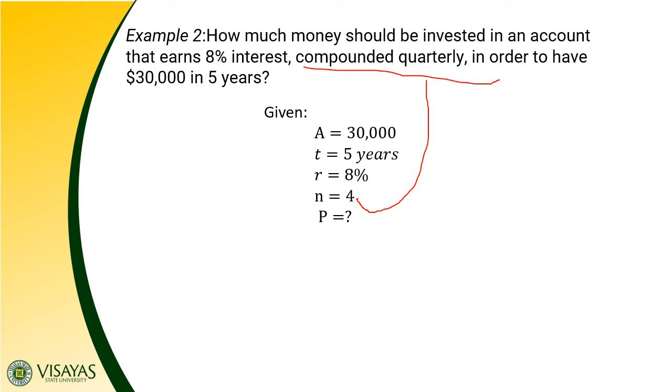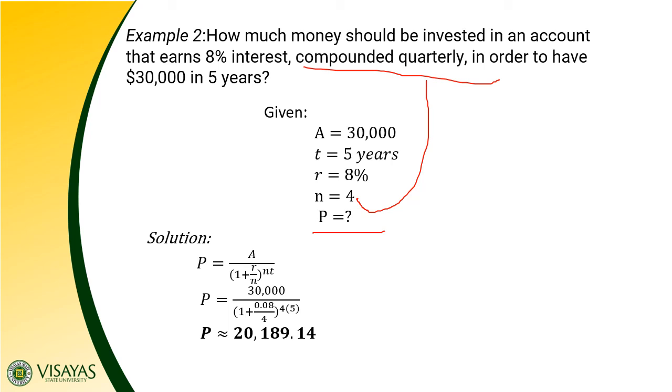Okay? And the P is the unknown. Then let's use the formula of P. P is equal to A over (1 plus R over N) raised to NT. Then substitute. A is 30,000. R is 0.08. N is 4. T is 5. Then approximately, the principal amount is 20,189.14. Okay? I hope that everything is clear.